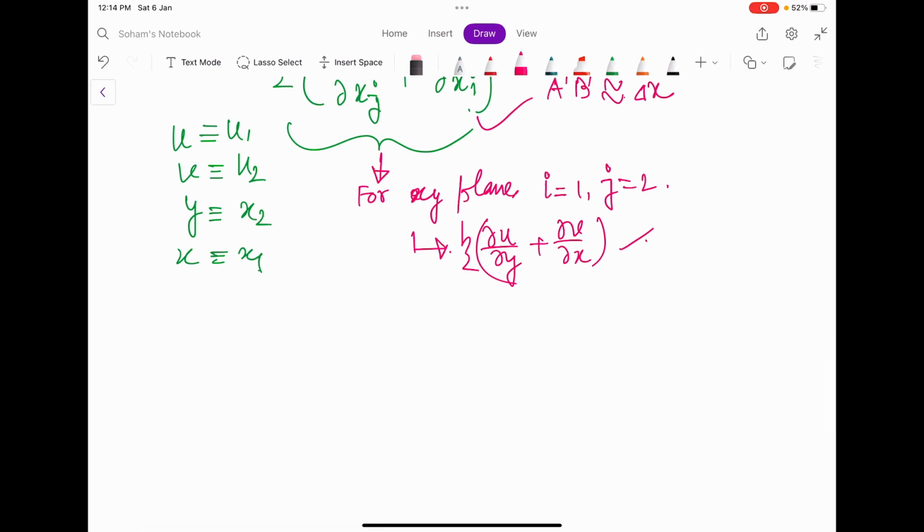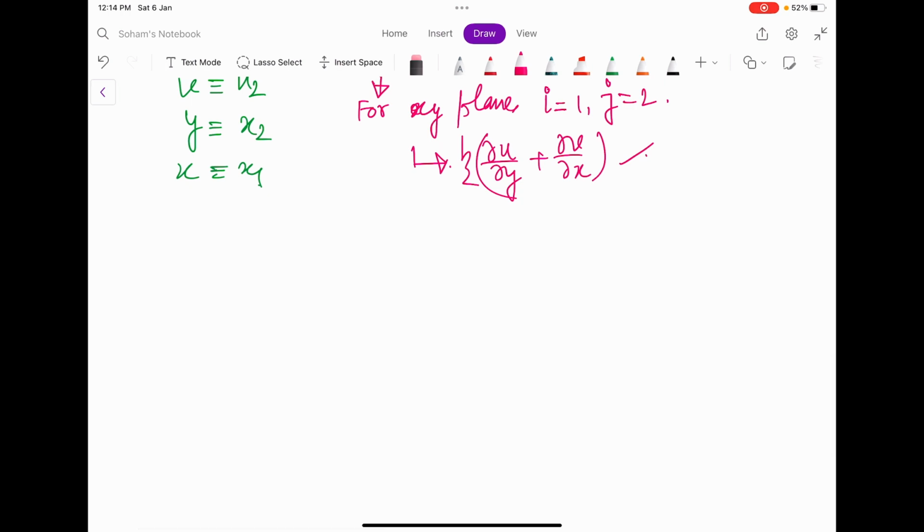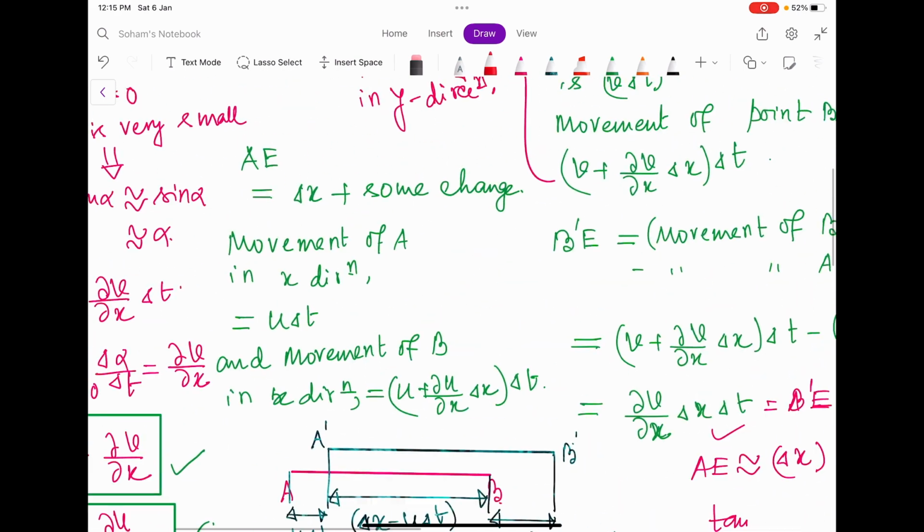Now let me come to the rotation part. Let me refer to the same diagram.